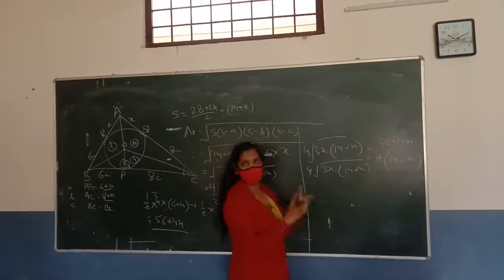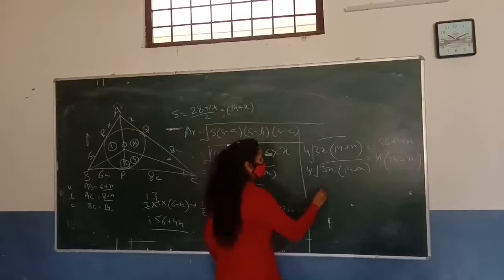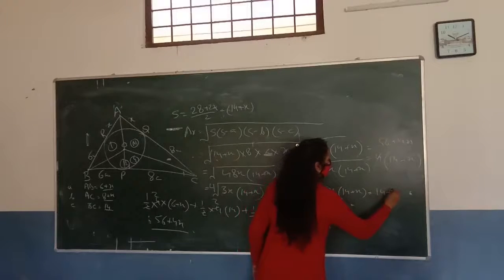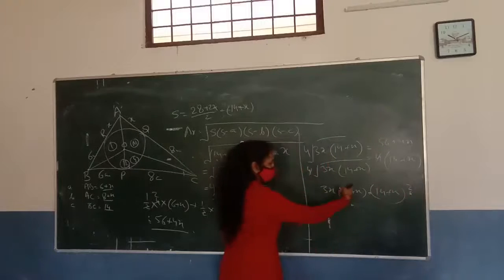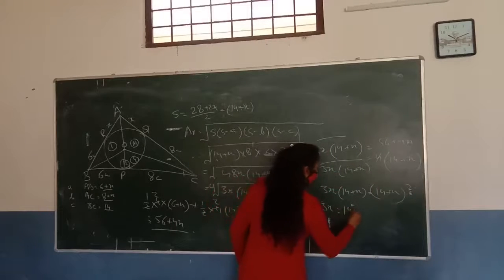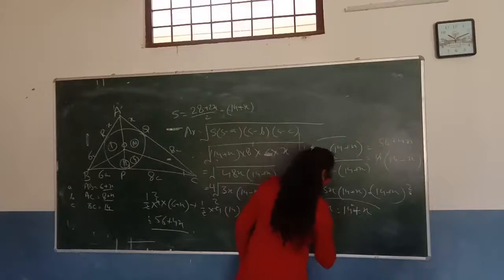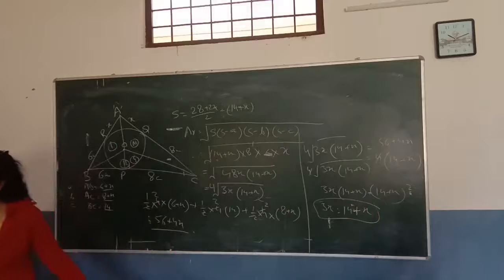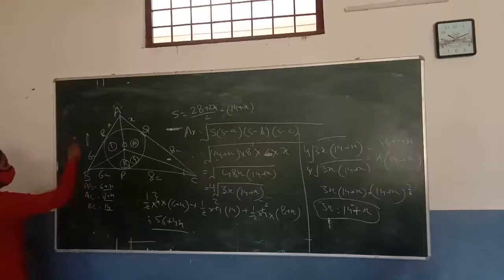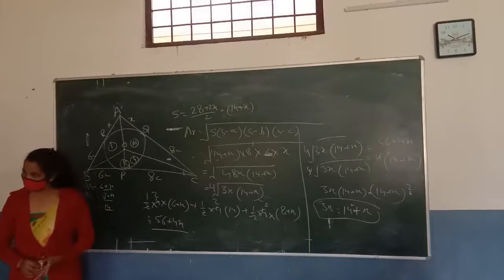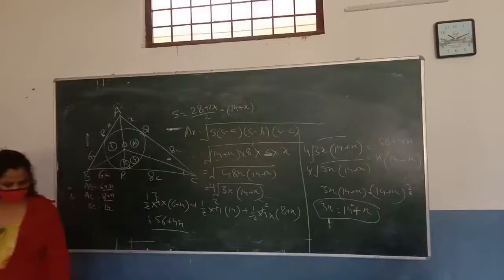So now we can square both the sides for removing the root. 14 plus x whole square. Now if you want, you can cancel this with the square. So you will get 3x is equal to 14 plus x. And that's how you can find the value of x. 7. Okay. So you can find the sides AB and AC. 7 plus 6 and 7 plus 8. Is it clear? Sit down.